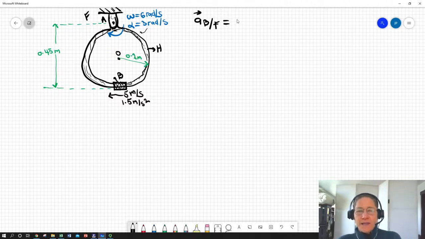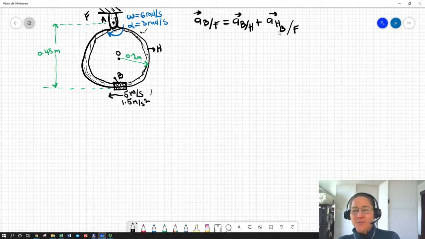Given what I know about relative accelerations of two bodies, I can say that's equal to the acceleration of B relative to H, something I do know down here, plus the acceleration of H at the point where B happens to be located on H, relative to the fixed frame.